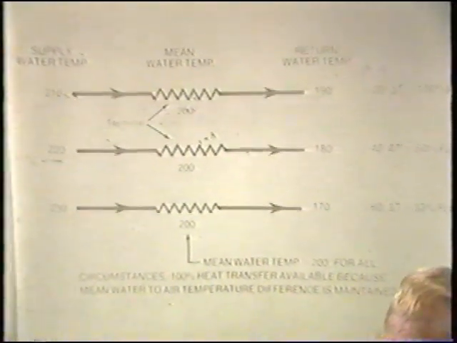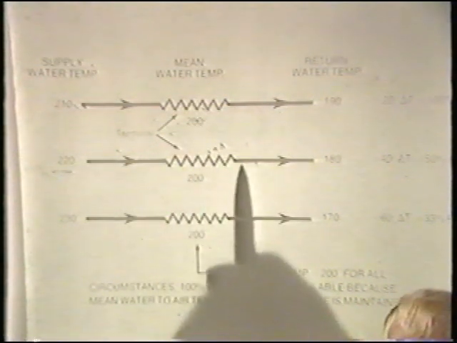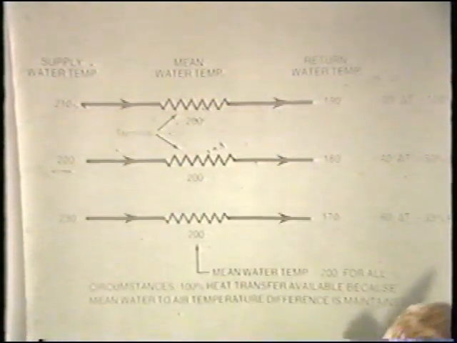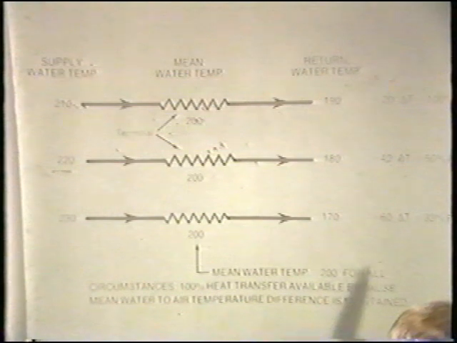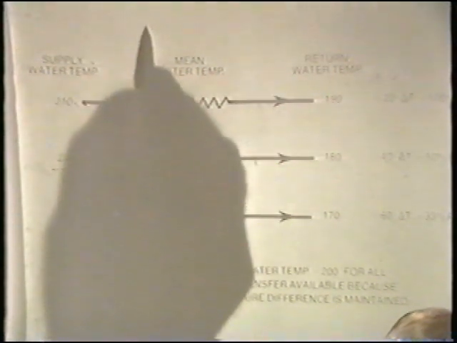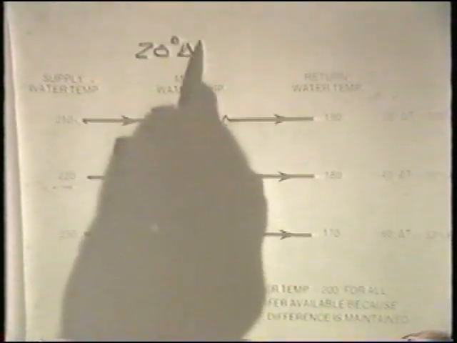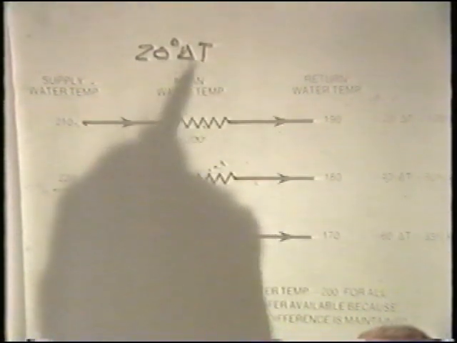In this illustration, we're showing baseboard terminal units. The conventional design for baseboard terminal circuit systems has to do with a 20-degree temperature drop.